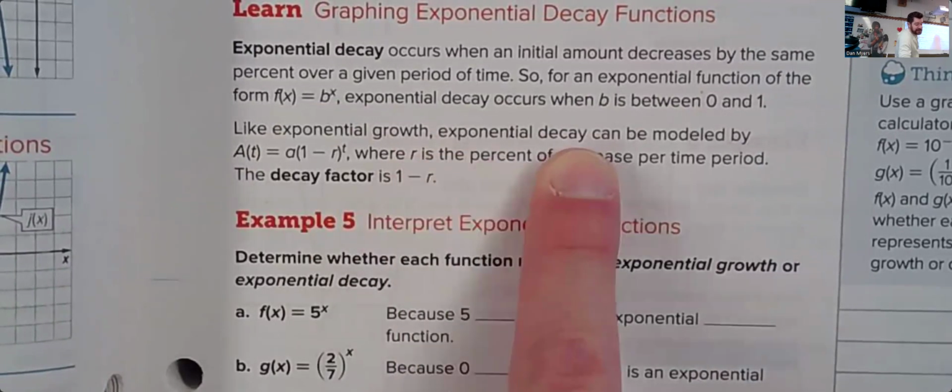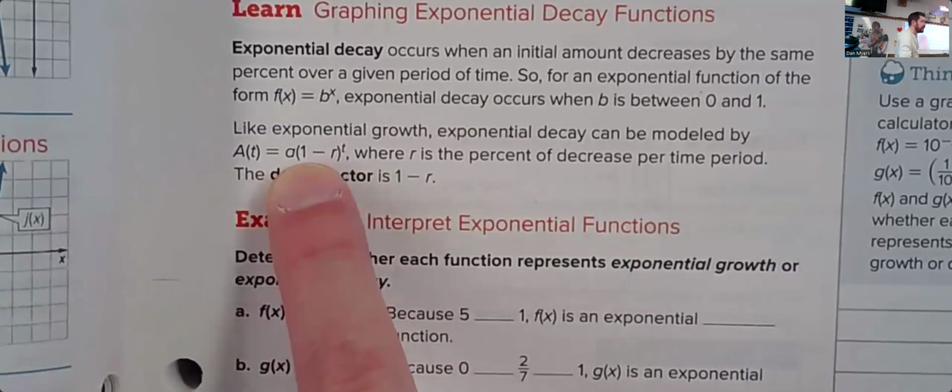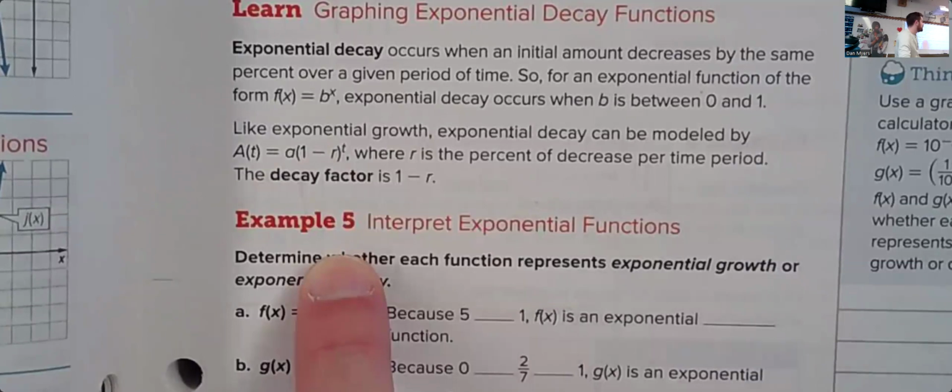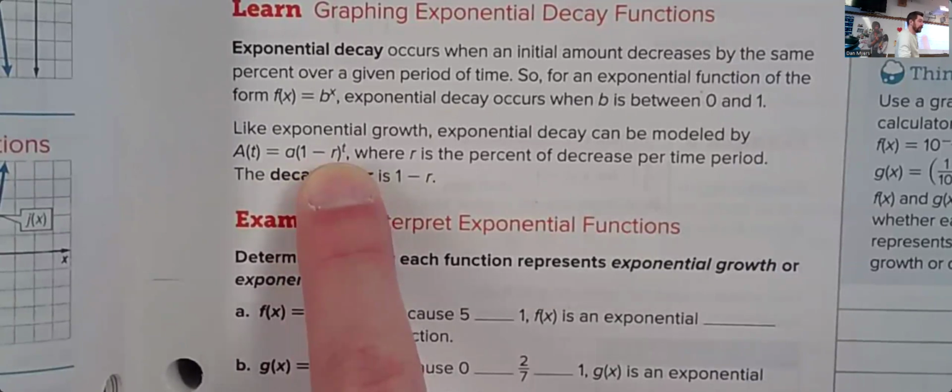So like exponential growth, exponential decay can be modeled by a times 1 minus r to the power of t. So if r is a positive number between 0 and 1, because the rate would have to be, well, I guess it doesn't necessarily have to. It generally is. Decay factor is a percentage, and so is a growth factor. So percentages in terms of decay aren't going to be more than 1.